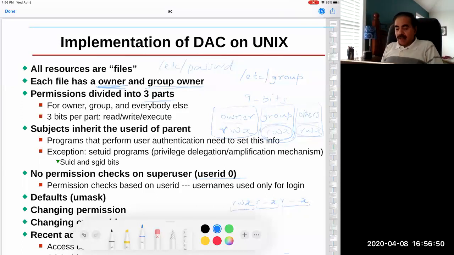The thing that Unix does, and something that is pretty universal across all operating systems, is that no permission checks are performed on user ID 0. All of these policies, all of these bits, don't mean anything if the user happens to be root.